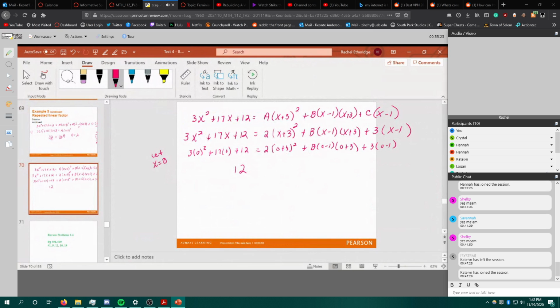So some of this you can do in your head, just don't do too much in your head. So that's going to be 2 times 3 squared, so 2 times 9 is 18. You always do your exponent first and then multiply, order of operations.